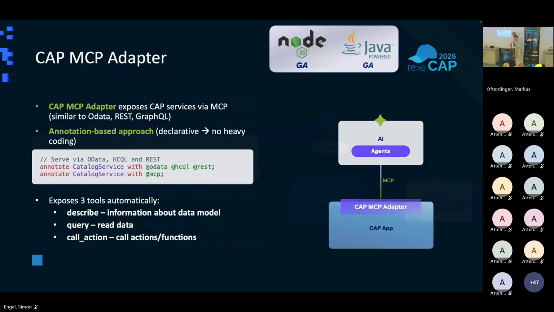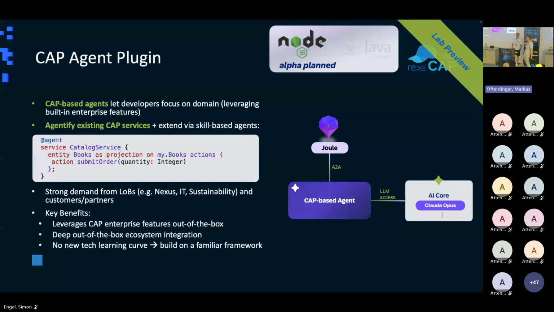Okay, and then the newest addition to our AI family, so to say, the CAP agent plugin. Short disclaimer, I label it as lab preview here because it's not released yet, but we are planning to do so in the next couple of weeks. So stay tuned and look out for that in the release notes. Again, very same concept here.